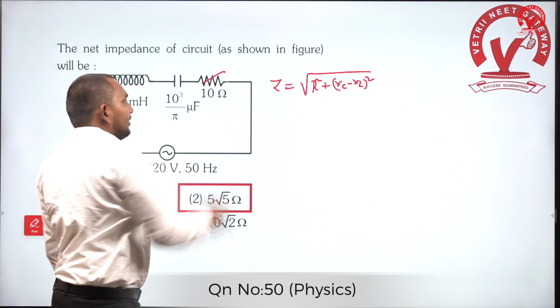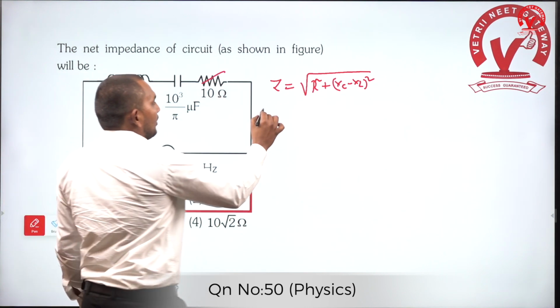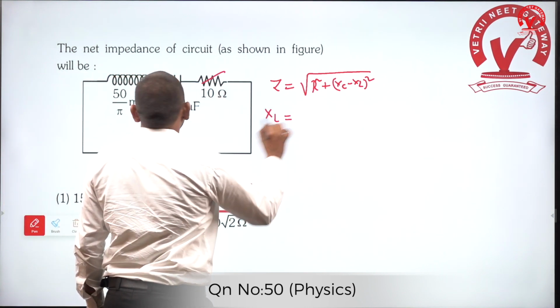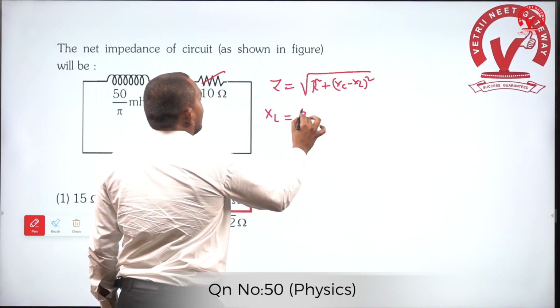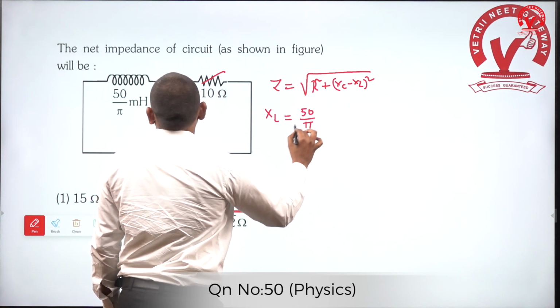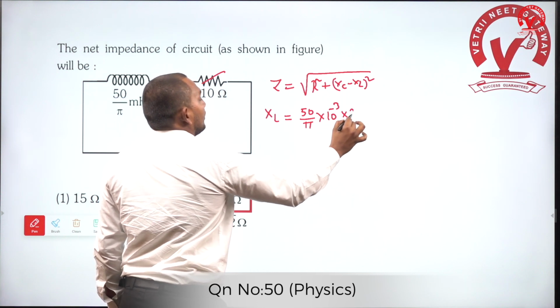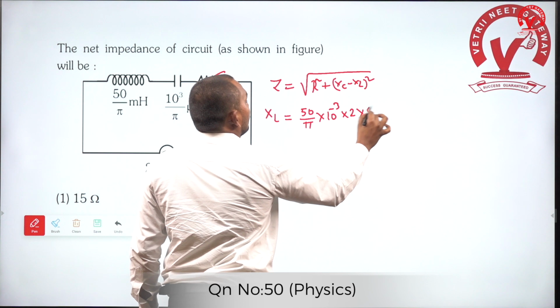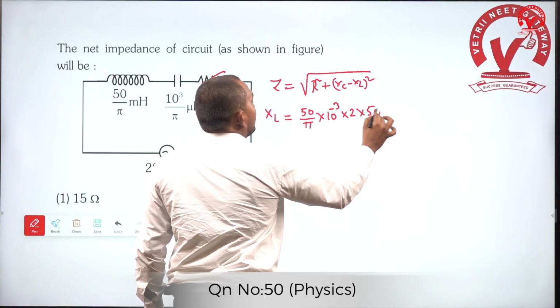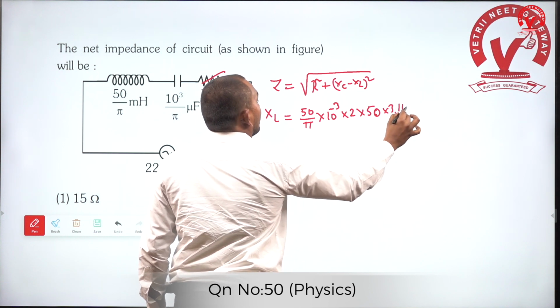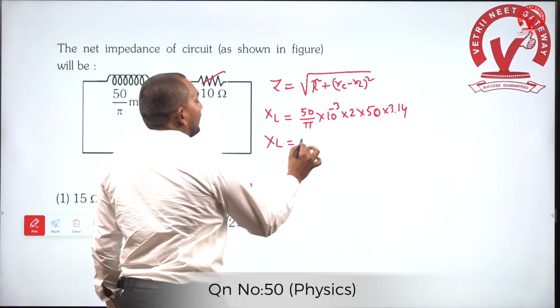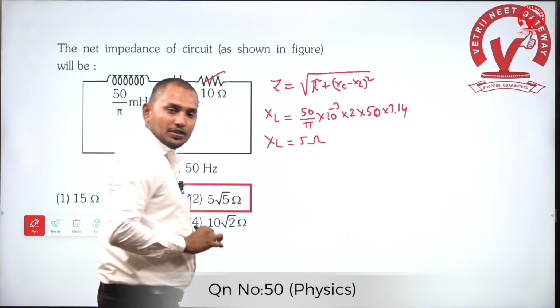R they have already given as 10. XL is equal to 50 by pi into milli, 10 power minus 3, into 2 into 50 into 3.14. We can calculate, we will get 5 ohms.